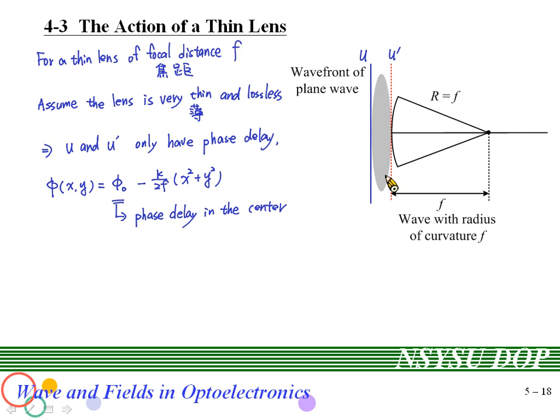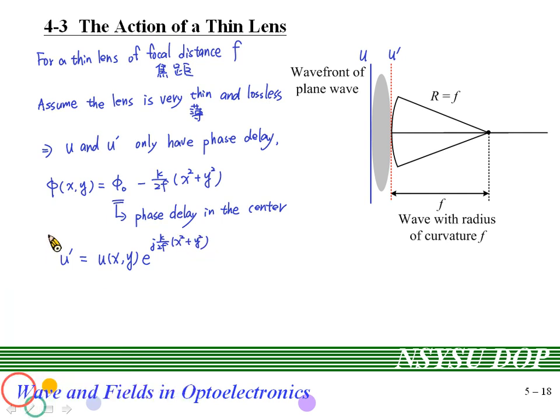As a result, we can say that if you consider a wave passing through a thin lens, the amplitude u prime can be written as the original amplitude times the contribution of the phase delay. It can be written as exponential of j k over 2f times x squared plus y squared.